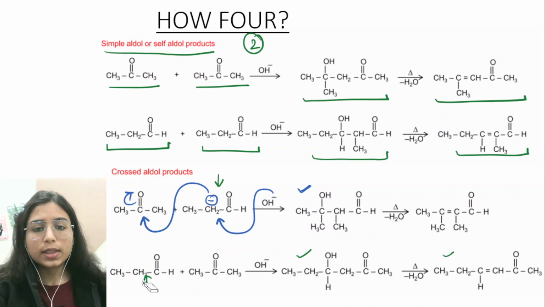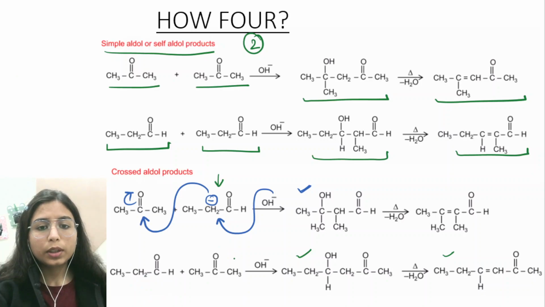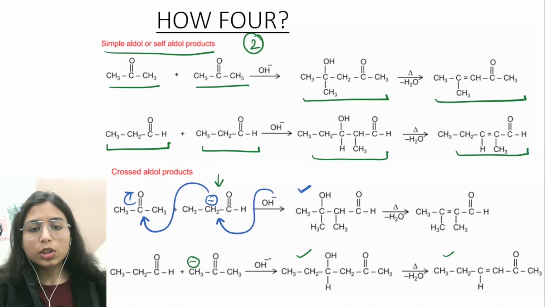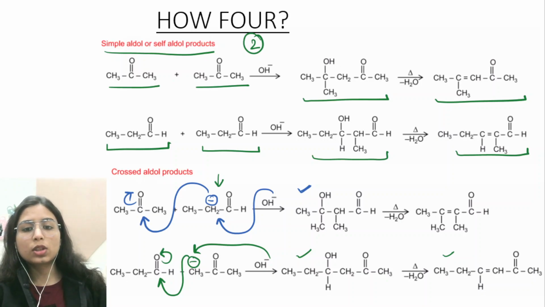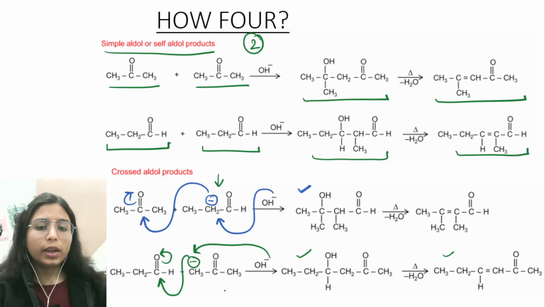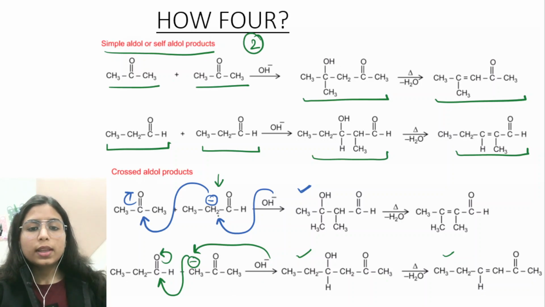The negative charge in this case would be formed from here, this carbon. So this OH negative would attack over here at this position, and this will attack on this carbonyl carbon, and the electron density would be seen shifting towards this oxygen. So that's how the reaction will be carried out. Once the negative charge on this and another time the negative charge on this molecule. Okay, so in total there will be 4 products.